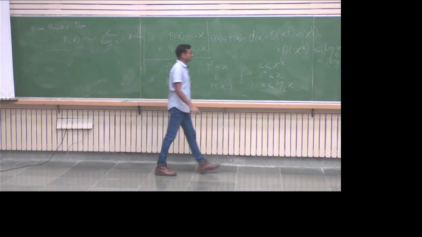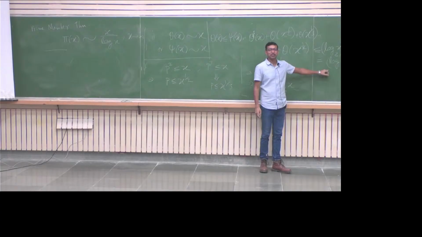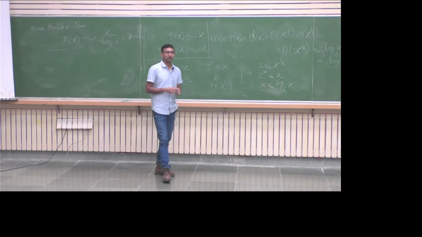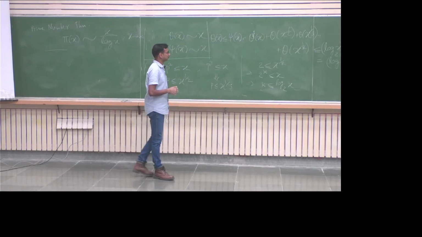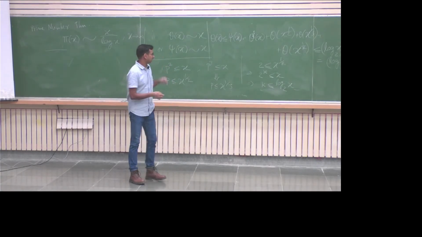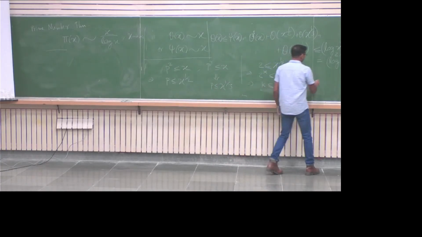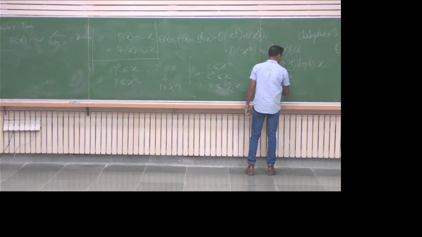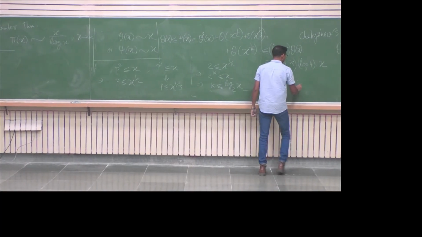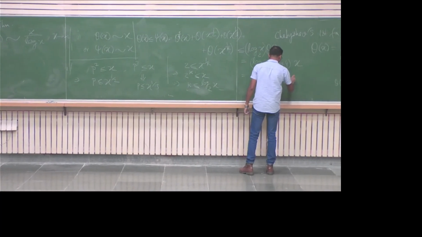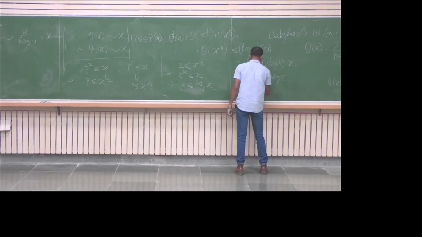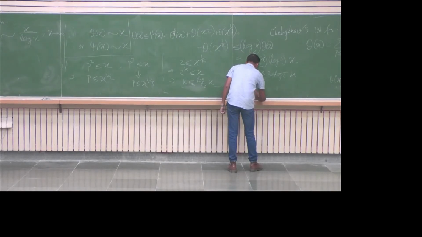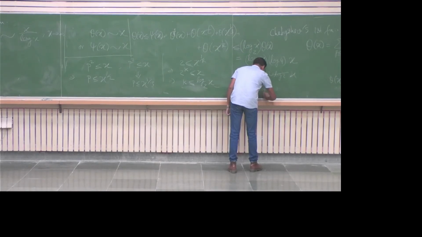So can I immediately make it a bit better? How? Yeah, let's check. Of course there is some cancellation. Log x and log 2 here, and here is log 2, so the 2 cancels here, and this is 2x log x.